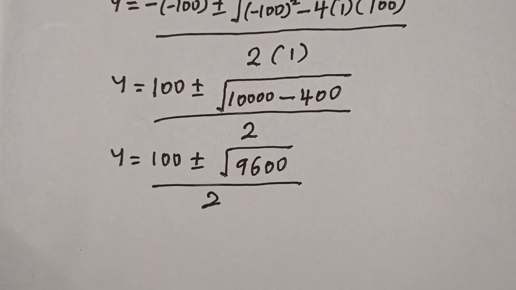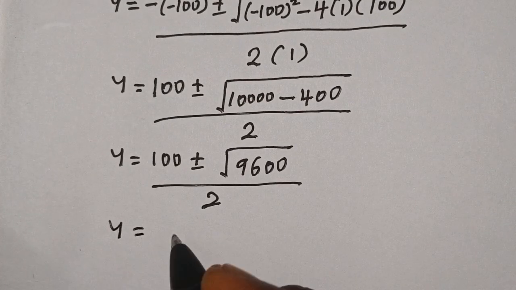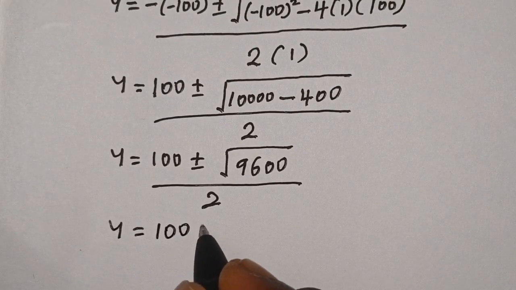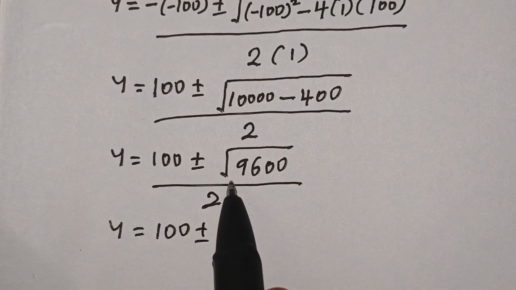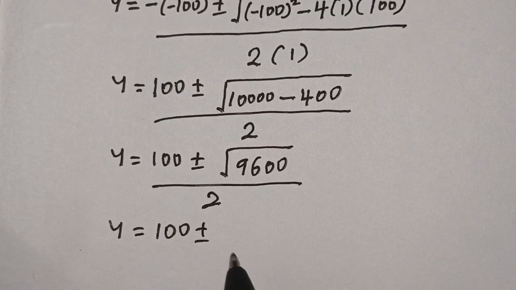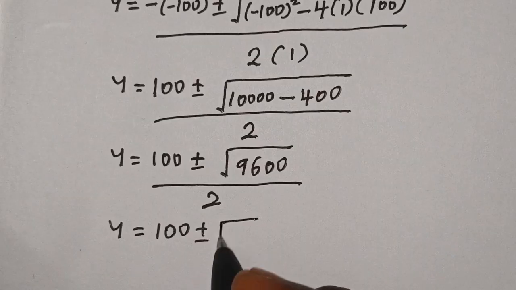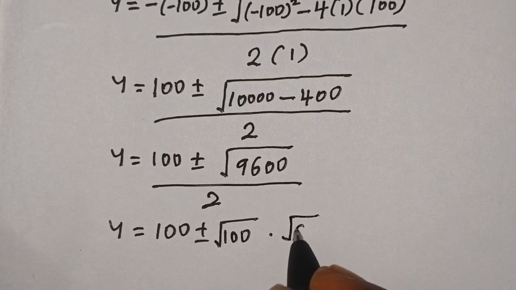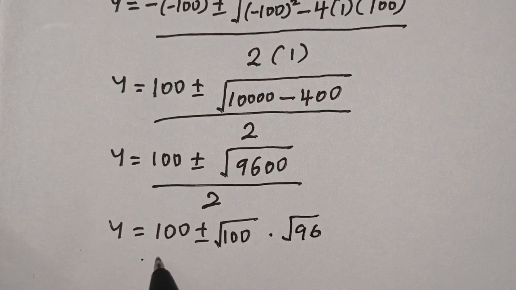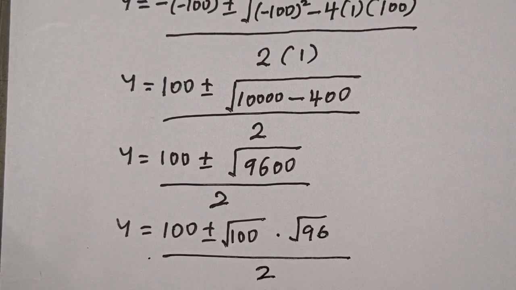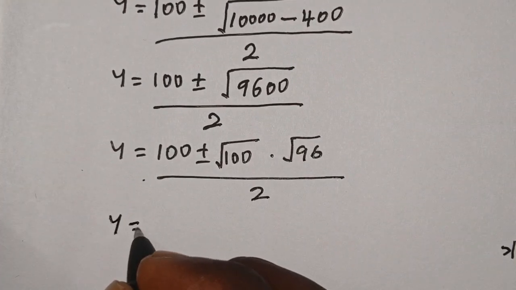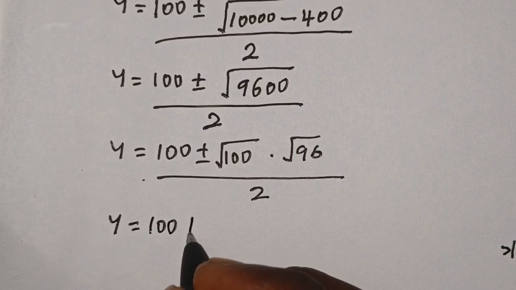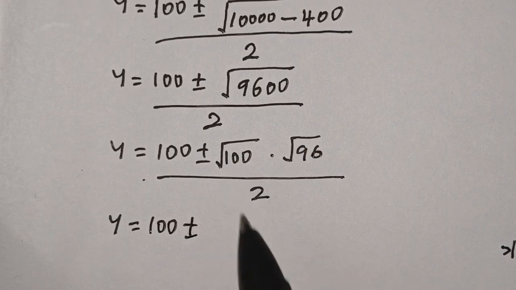Let's continue. Y equal to 100 plus or minus square root of 9600, which could be written as square root of 100 times square root of 96, divided by 2. Y equal to 100 plus or minus, what is square root of 100?